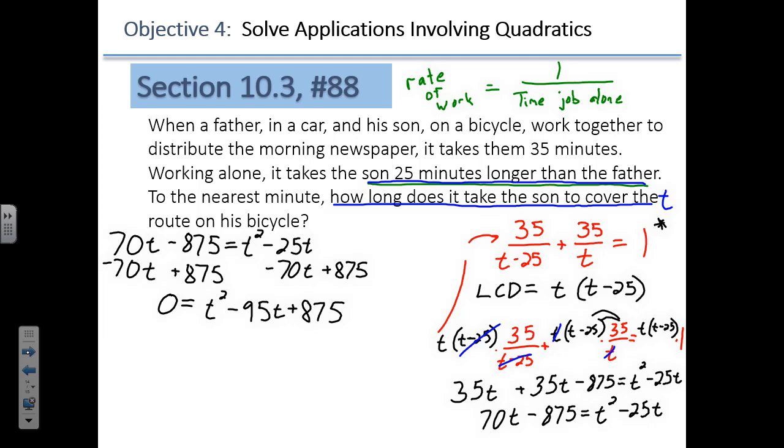This is a great place to use the quadratic formula. A equals 1, B equals negative 95, and C equals 875.